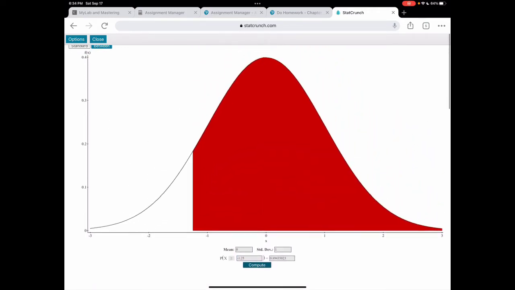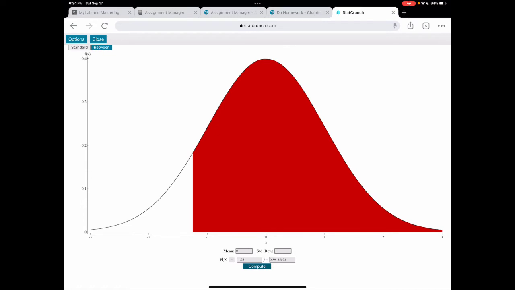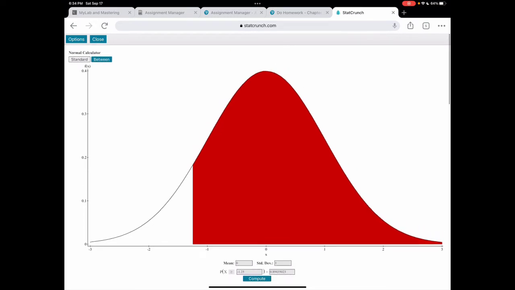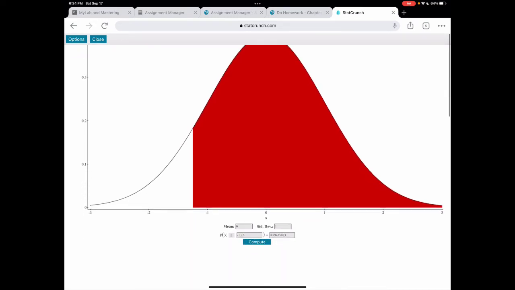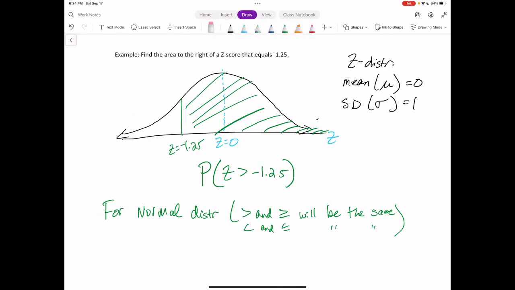And boom. You'll see, first of all, the Statcrunch gives us a picture of what we're trying to calculate. And then at the bottom to the right, you can see that we get a value of 0.894.